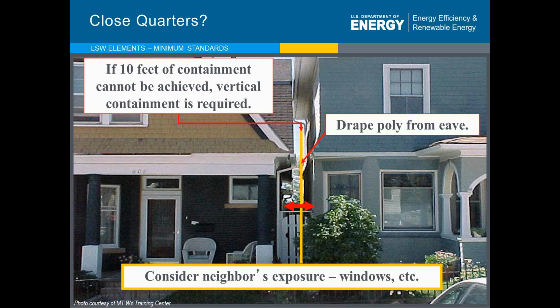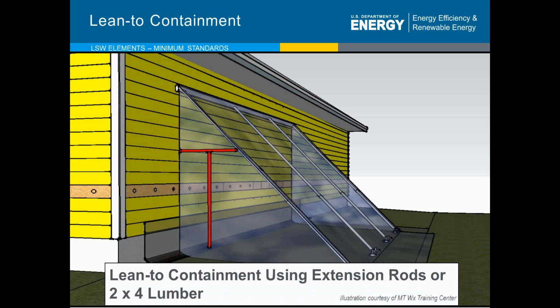And so we do what we can with plastic on the ground in between, and then one method would be to drape plastic from the roof line down to the ground. There's a lot of room for innovation and ideas as far as how you achieve some of this vertical containment, but EPA tells us that we must do it.